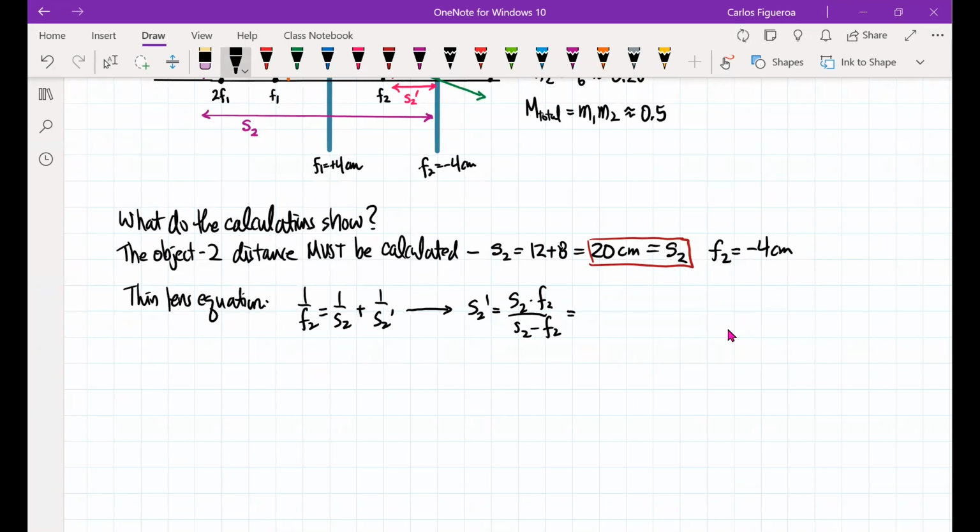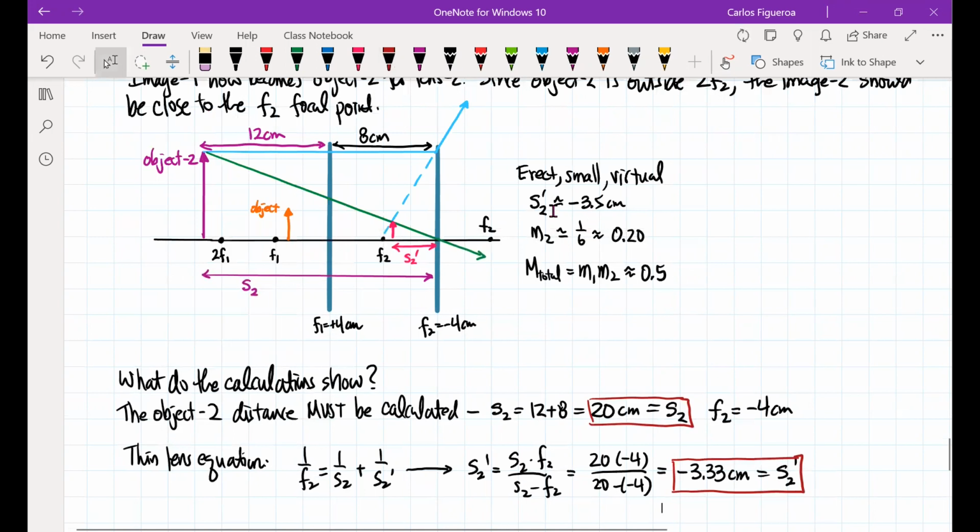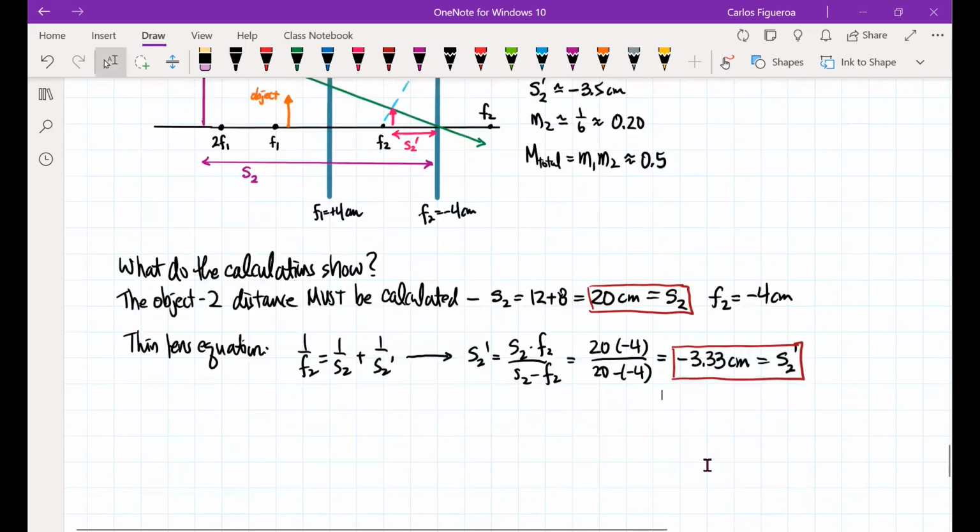Plugging in my numbers here, this should give me 20 times minus 4 over 20 minus minus 4, and I get a value of minus 3.33 centimeters. So this is my image location. How does that compare to what the ray diagram shows? Look at that, minus 3.5 versus minus 3.33. That's pretty close.